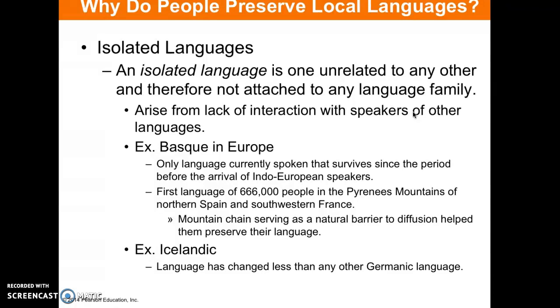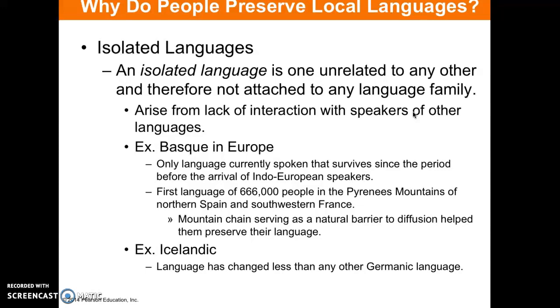The first language of about 666,000 people in the Pyrenees Mountains of northern Spain and southwestern France. And the Basque people in Europe also would like to be treated as their own nation and given sovereignty. So we'll talk about the Basque region a bit more. So that language is a big part of their cultural identity.